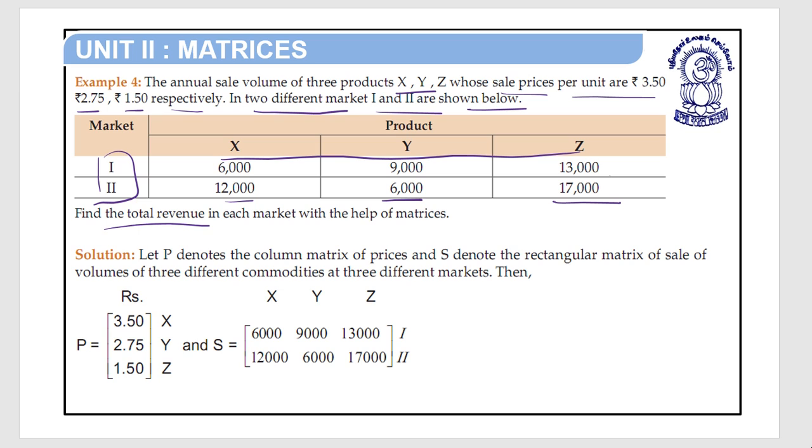Find the total revenue in each market with the help of matrices. Here let P denote the column matrix of prices. P for prices.